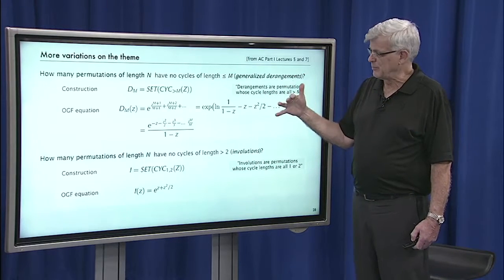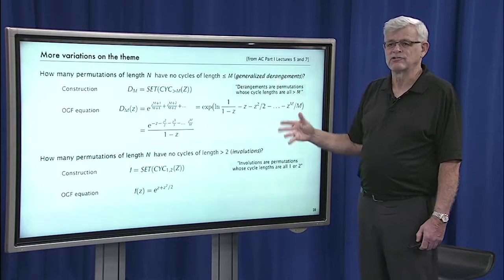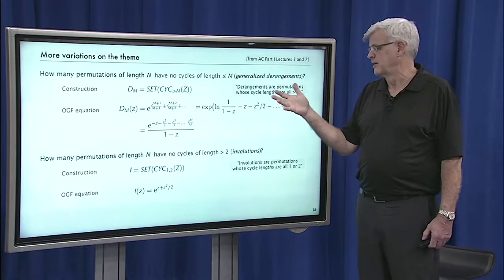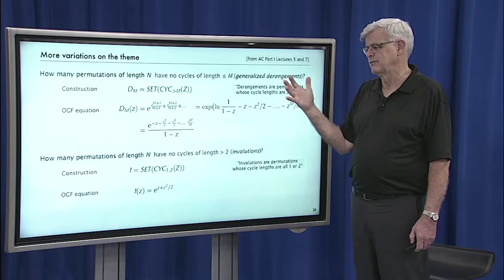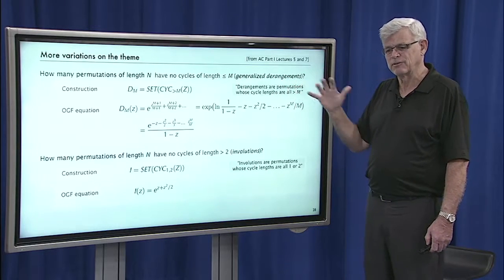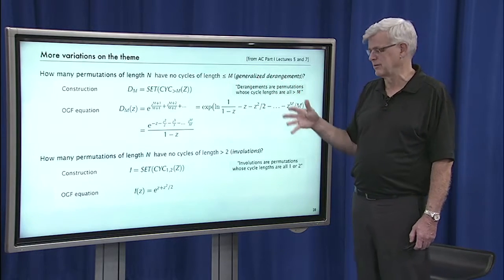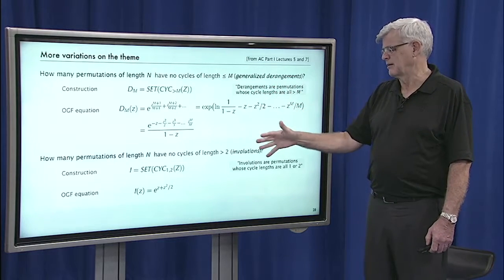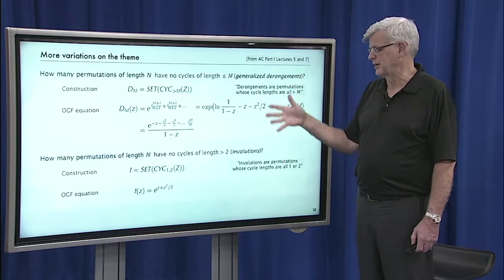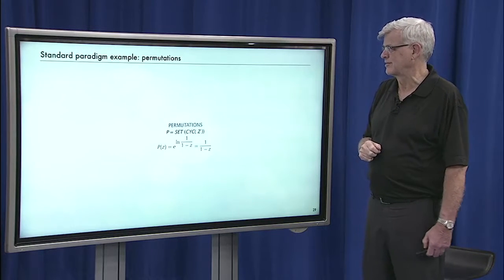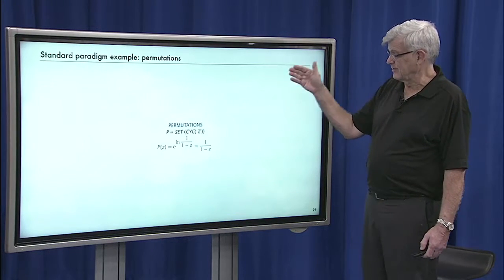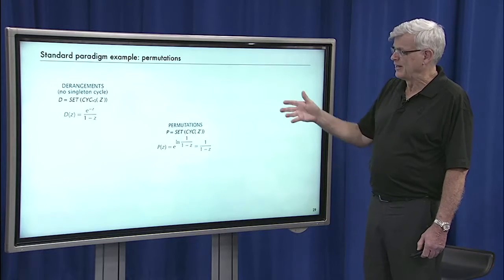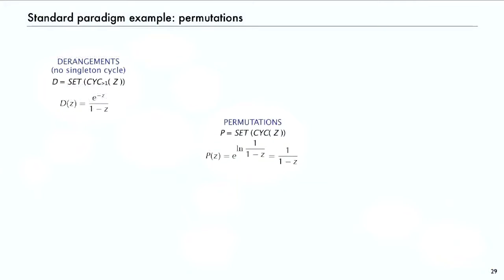So that's an example of how a simple combinatorial construction with variations can lead us not only to the study of combinatorial objects that more closely mirror situations we see in the real world, but also give us immediately, through the symbolic method, generating function equations. So we start with a set of cycles of atoms, and then we look at derangements, which is just a modification of that construction, or involutions, where they're only built from size 1 or 2.